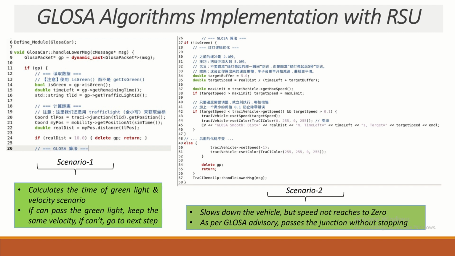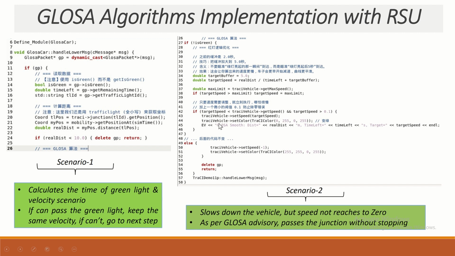In the second scenario, if the light is red, the algorithm calculates a target speed. The goal is to arrive at the intersection just as the light turns green or slightly after, to avoid a full stop of the vehicle. So we added a target buffer of approximately 5 seconds. This means the car aims to arrive 5 seconds after the green phase starts, ensuring a smooth transition and accounting for any delays.